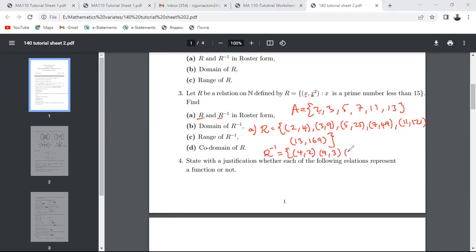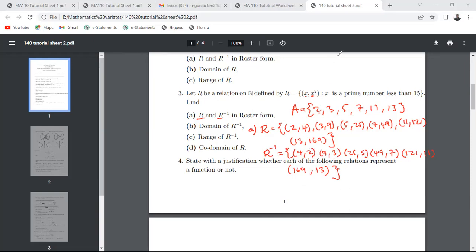Then you have 25, 5. And you also have 49, 7. And you also have 121, 11. And finally, you have 169, 13. Okay. Then that is it. And that's the Hara inverse. So that's how you do Hara inverse.